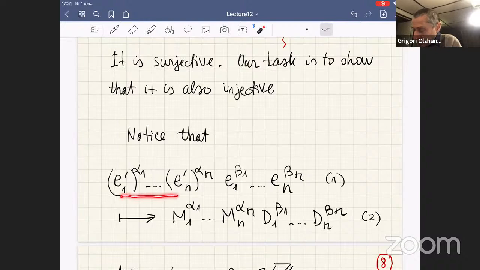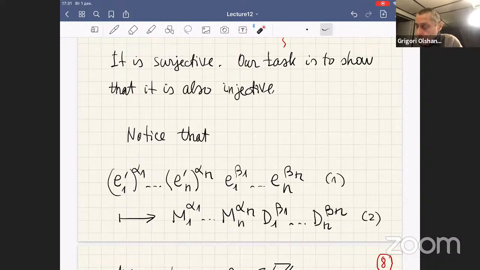The claim that these monomials span the whole algebra just follows from the form of the relations, because we can interchange any two letters, which results in the appearance of some terms of lower degree.